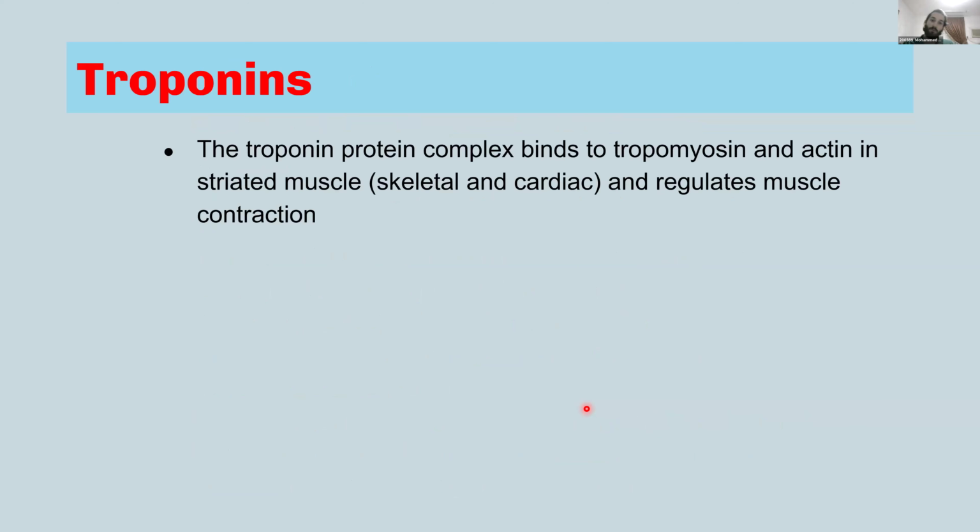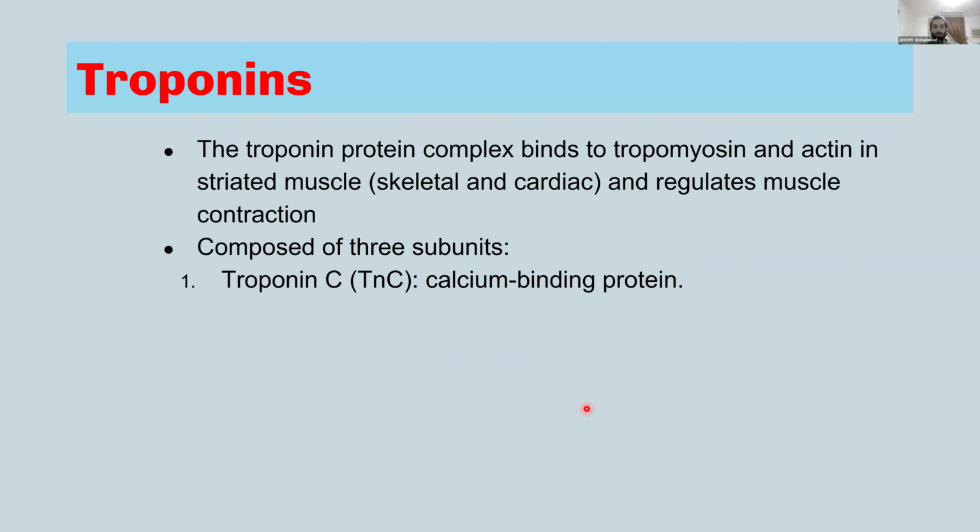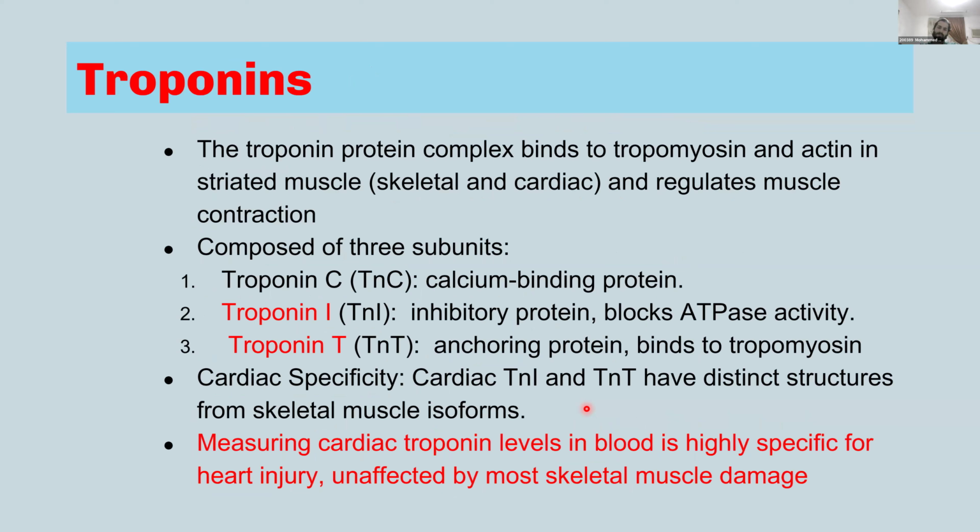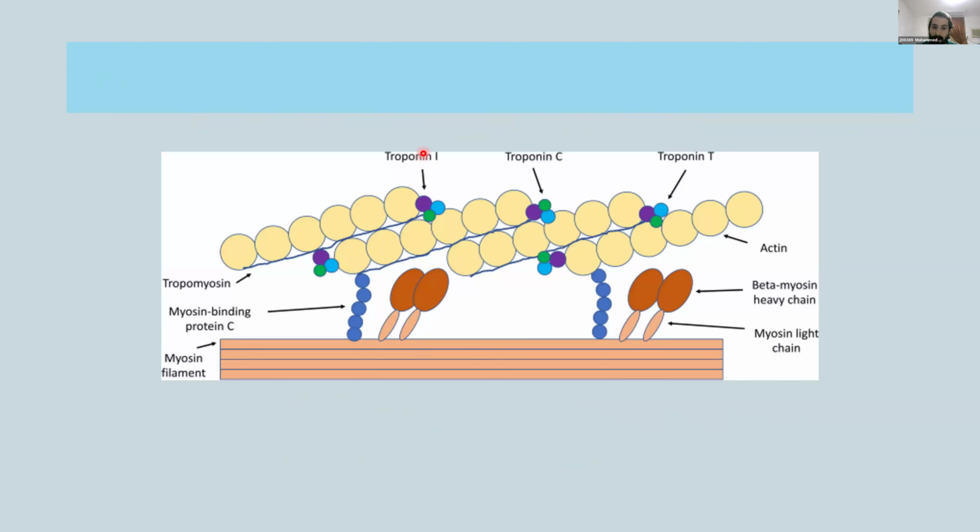Now we'll talk about troponin. I'm not sure if you took MSK yet, because they changed the block arrangement. But this is not the idea here, just to understand muscle contraction. We have 3 types of subunits of troponin: troponin I, troponin C, and troponin T. Troponin C is where calcium binds.